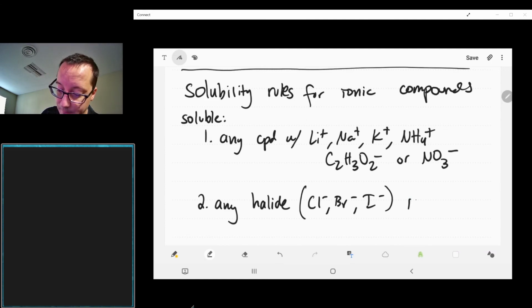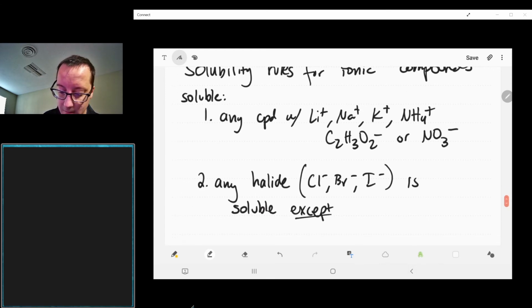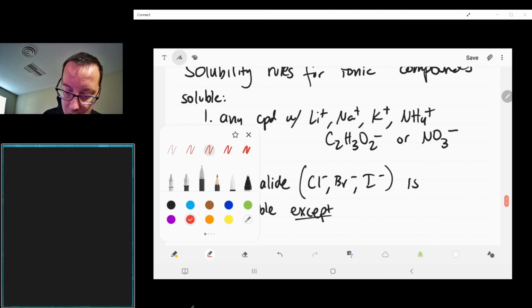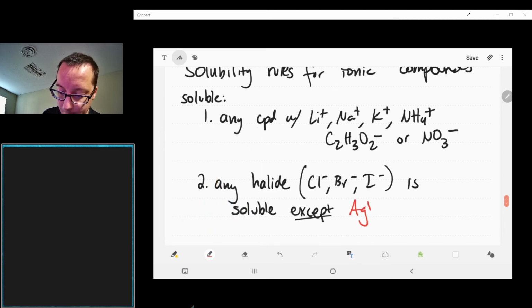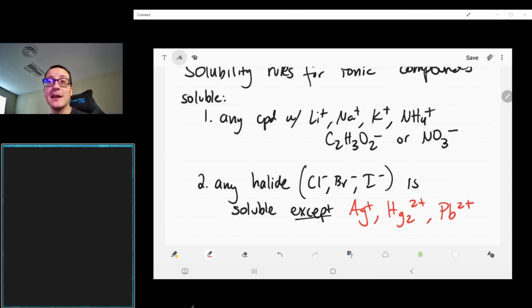Is soluble except ones that combine these halides with one of these three elements.